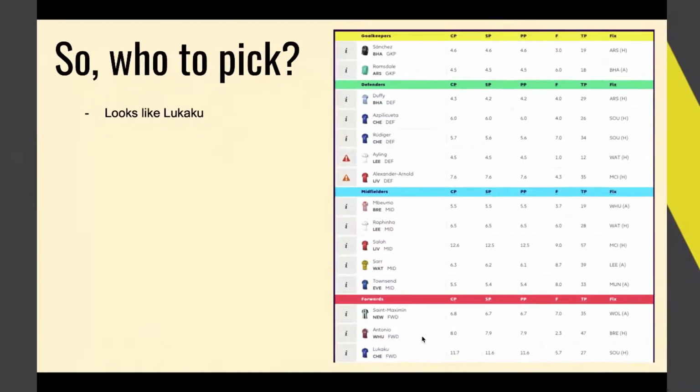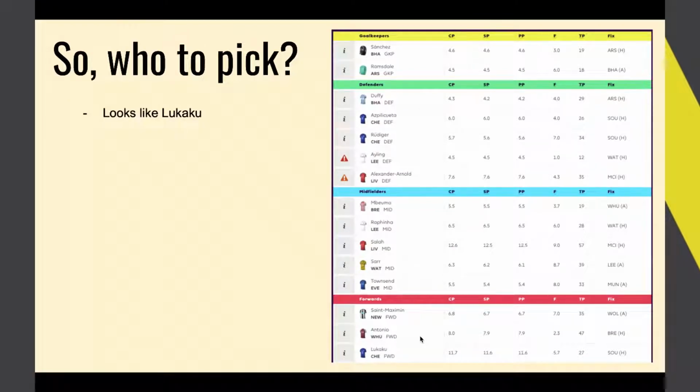If we look at their fixture difficulties, Lukaku is playing Brentford, and Antonio is playing Southampton. So those fixtures are very similar. And then if we look at their forms, we can see that Lukaku is putting out significantly better numbers, hitting 5.7 points per game. So I should probably pick Lukaku.